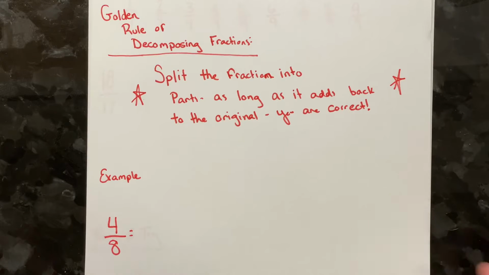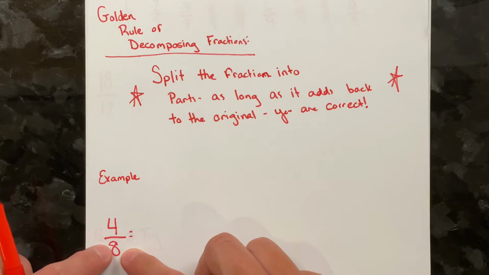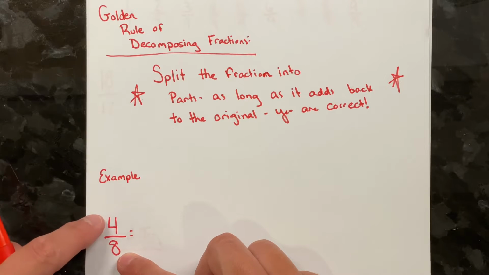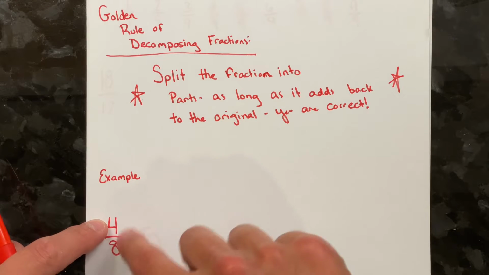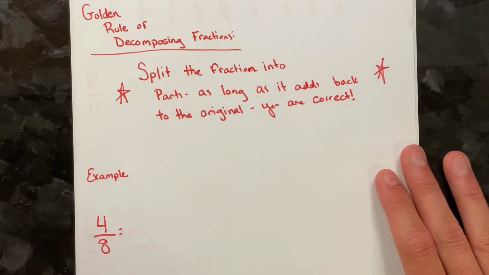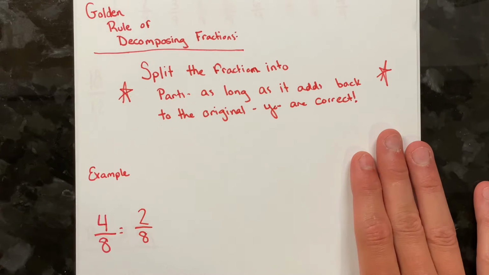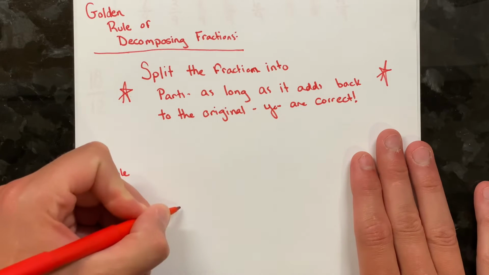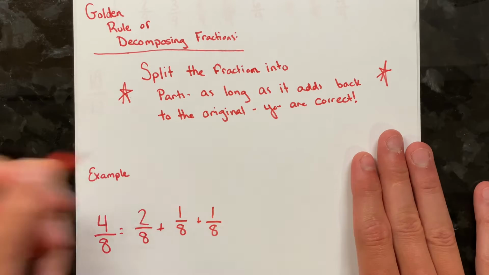Let's look at an example of something easy. 4/8. Well, with 4/8, I realize that I don't have all 8 pieces here. I only have 4 of them. But I could pull those 4 pieces out into smaller bits. Instead of having 4/8 written out, I could have 2/8 plus 1/8 plus 1/8.